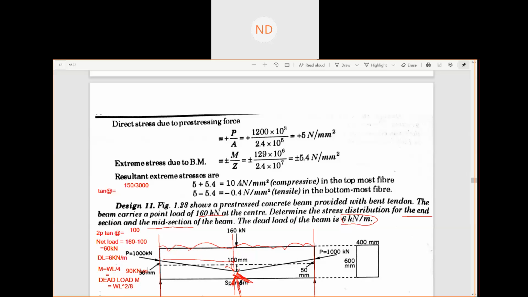Rebecca 90, Romila 90. Now the dead load moment, how much? 27.